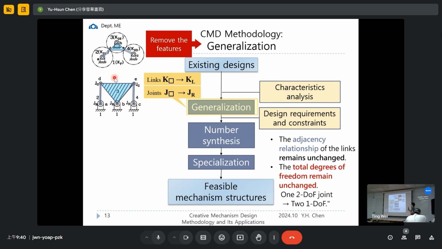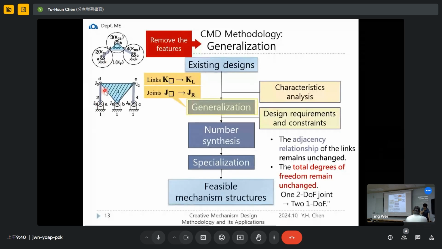And how about gear number 2? Originally it connects to the frame and also to link number 3. There are 2 neighbors, so once we remove the feature, it is a link with 2 joints. So that is the adjacency relationship we have to keep before and after the generalization.